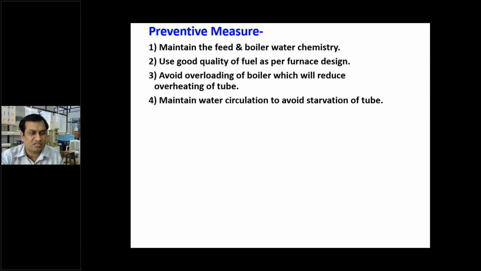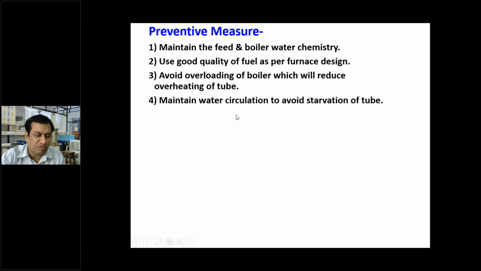Then preventive measures for these tube leakages: maintain the feed and boiler water chemistry, use good quality fuel as per the furnace design, avoid overloading of the boiler, which will reduce the overheating of the tubes, and maintain water circulation to avoid starvation of the tubes.